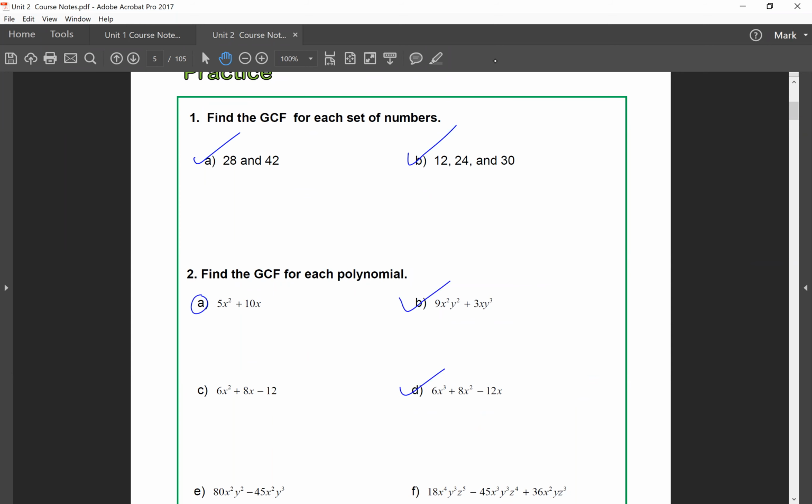I'll do A and C, but why don't you try these? Try question 1, try question 2. I definitely want you to try B and D, and I'll show you A and C in a few minutes. Take your time. Good luck. Let me know if you have any questions, and I'll be back with the answers in a couple of minutes.